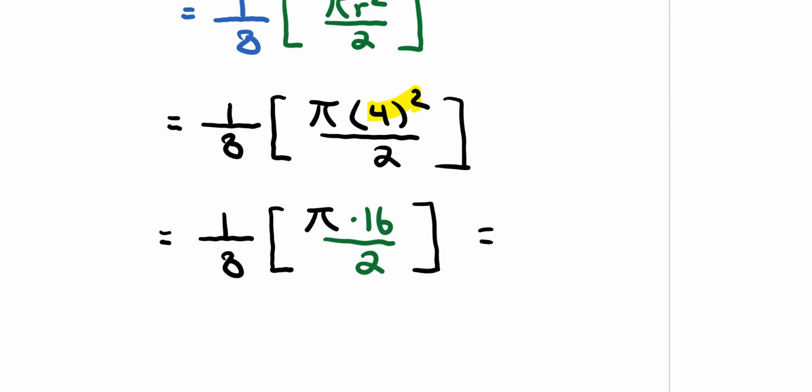Okay, and then we can see here that 16 divided by 8 is going to be 2, and then that 2 can cancel off with that 2, so now we're just left with pi. So the answer here is just pi. Okay, so the average value of this function is pi.